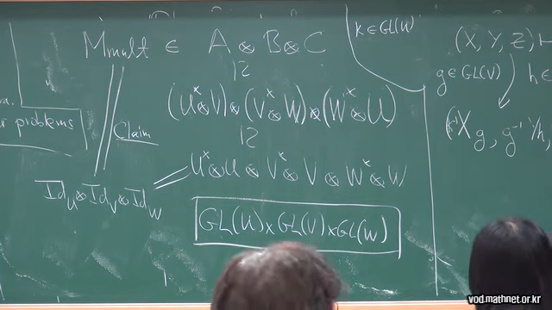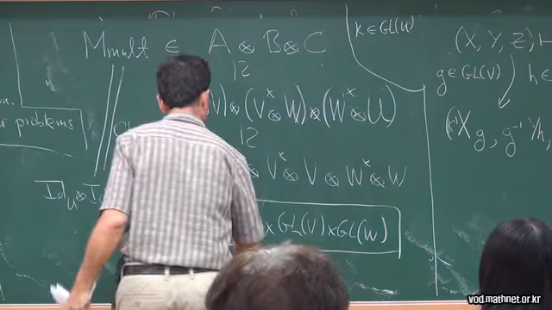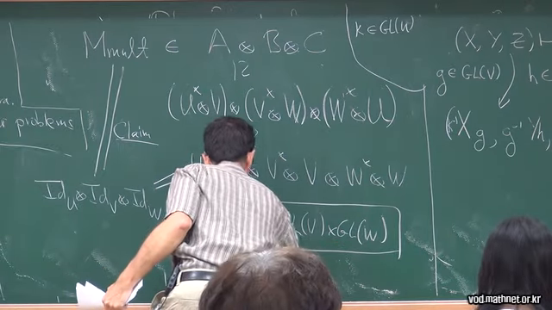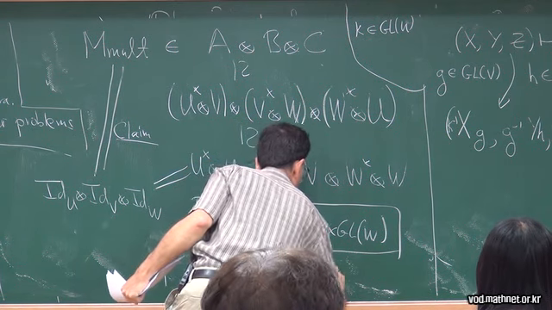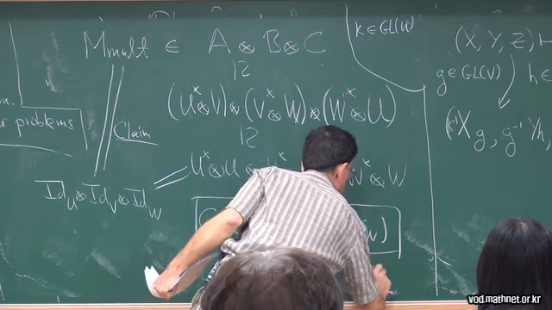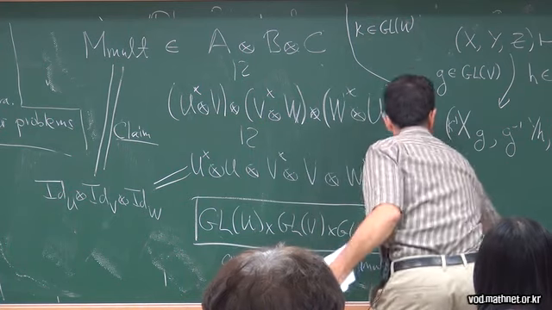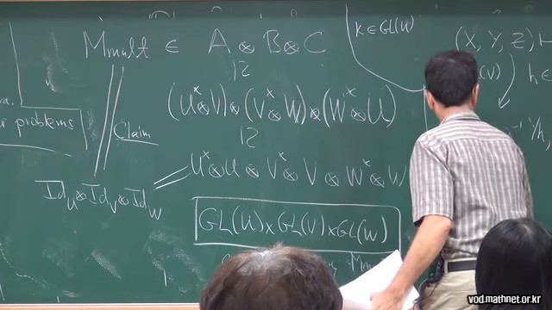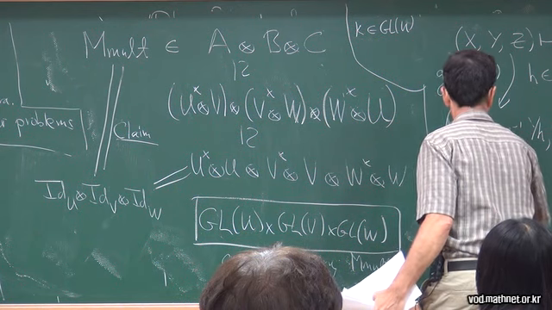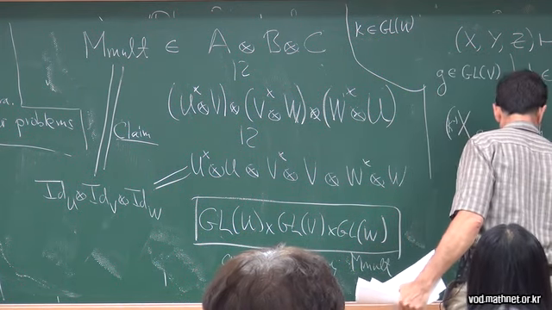So, I want to point out, this is the group preserving our favorite point. And then we have this GLA, which is really GL of U star tensor V, but I'm not going to write that.